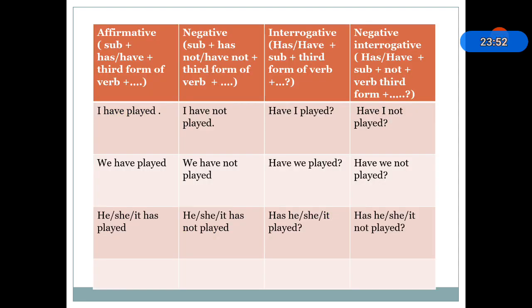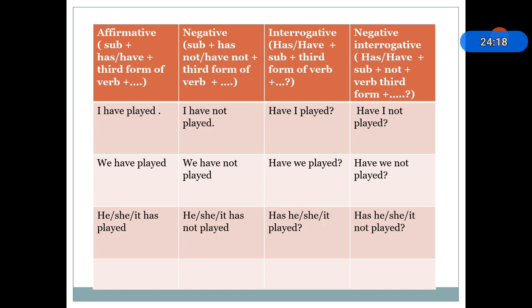Now let's see the different kinds of sentences, how they are framed when the tense is present perfect. So let's see the affirmative sentence. The rule is subject plus has or have plus third form of verb plus object.